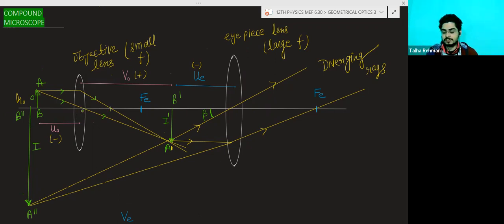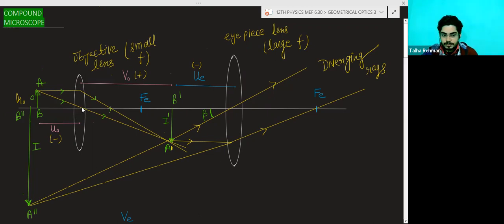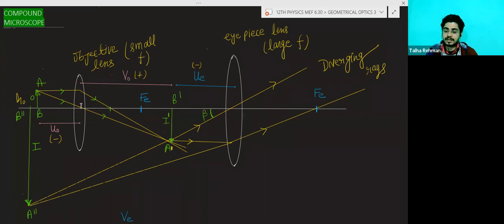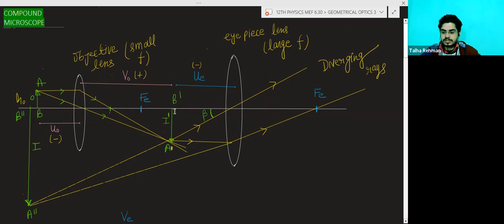If a ray of light is passing through the optical center, this will be the optical center of the lens. You are now in 12th class, so I am considering that there should be a basic understanding of the things I already told you. So this was the image formation.